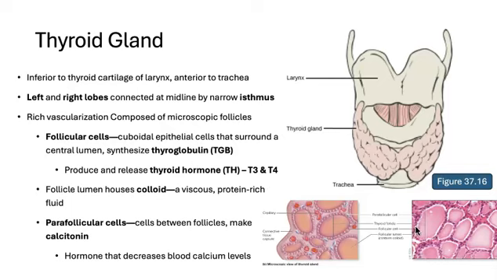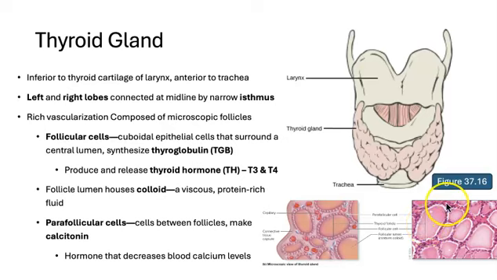This is a precursor for what then becomes the thyroid hormone, also known as T3 and T4. Now, like we said, within this lumen, we are going to have something called a colloid, and this is a viscous protein-rich type of fluid.